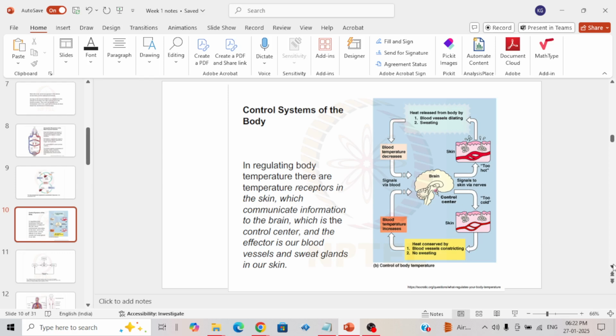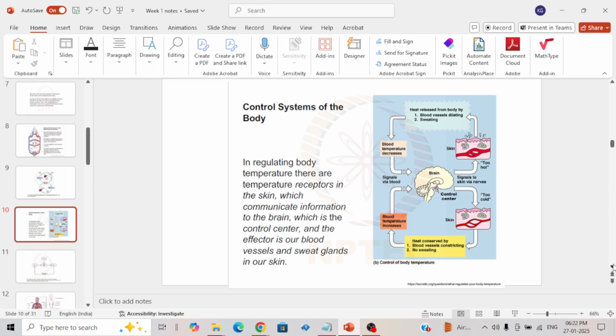Okay, so yes, there are controls at every step inside the body to maintain a proper homeostasis, to let the different hormones, different proteins, different macromolecules present inside the body function properly and keep the normal functioning, the vital functions, going on.